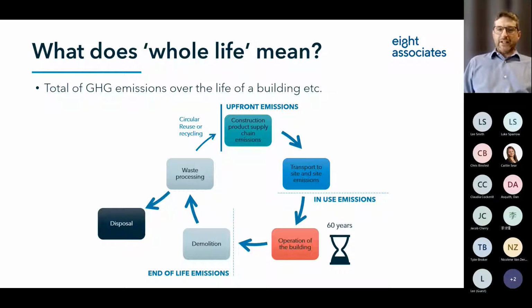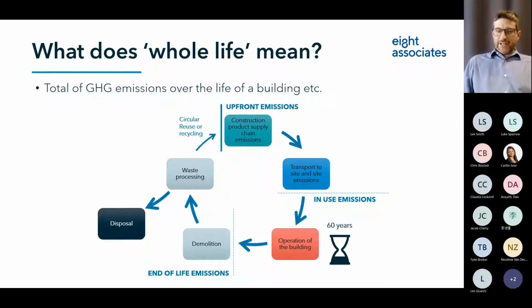That includes the construction product supply chain, all of the carbon emissions that occur from the origins of the product right through the processing, transport, and then the installation on site. So the upfront emission scope is all of the emissions up until the point where the building's ready to be used at practical completion.